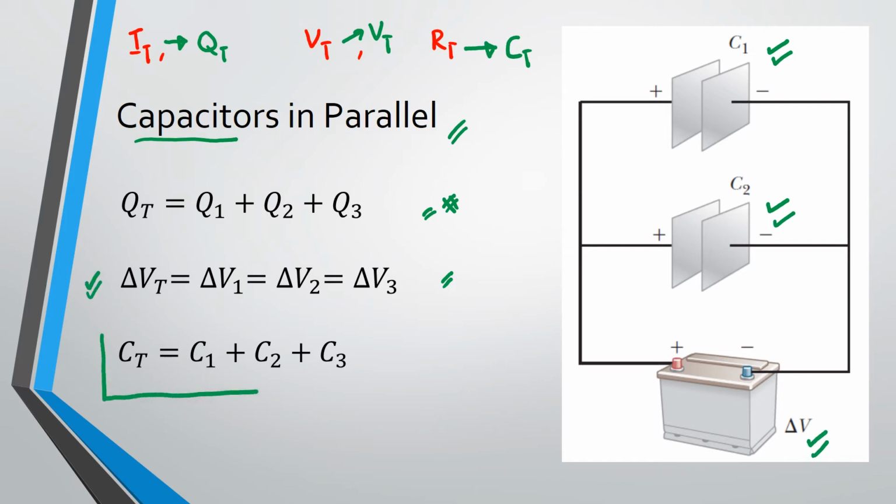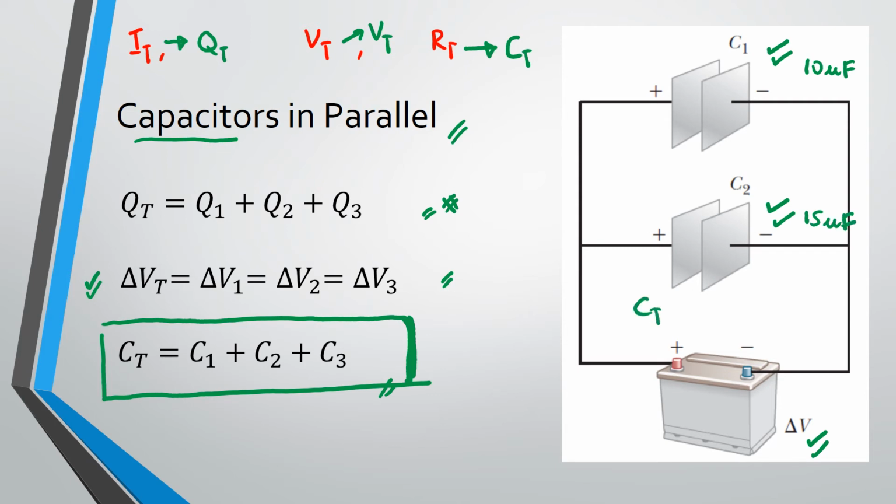Now this is something that we need to pay attention to. The total capacitance in a parallel circuit is CT equal to C1 plus C2 plus C3. For example, if C1 is equal to 10 microfarad and C2 is equal to 15 microfarad, then our total capacitance CT is just equal to 10 plus 15 microfarad, and that is equal to 25 microfarad.